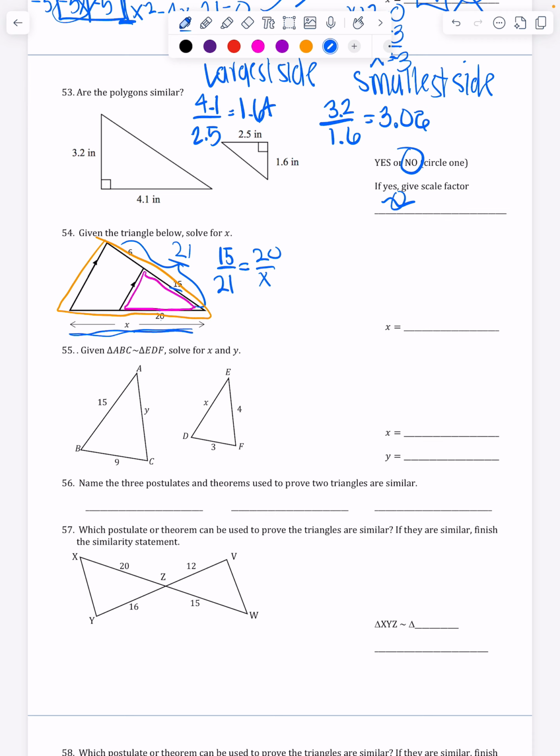Okay, these are both divisible by 3. So this is going to become 5, and this is going to become 7. So I'm going to cross multiply and get 5x equals 140.